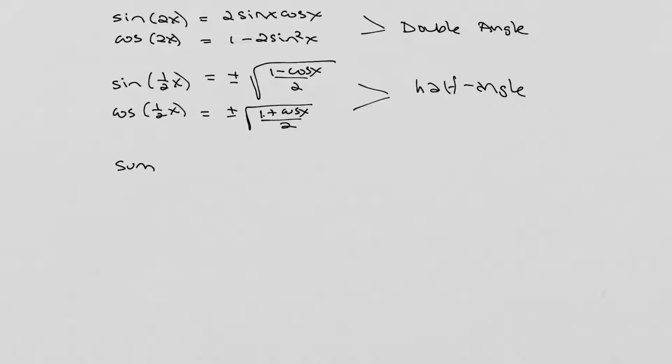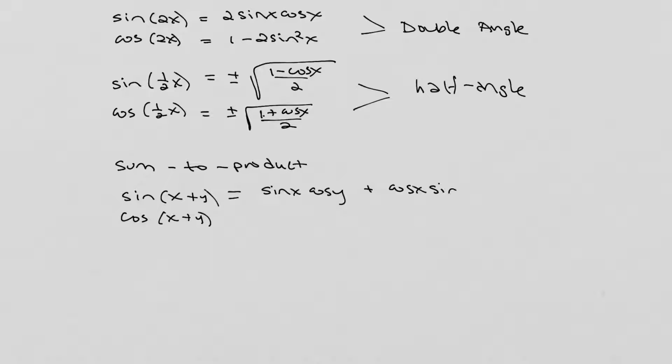We have the sum formulas, which technically the term is called sum to product formulas. So if I have this sum sine of x plus y or cosine of x plus y, I could write them out as a multiplication problem. This is sine of x cosine of y plus cosine of x sine of y, and this one is cosine x cosine of y minus sine of x sine of y.